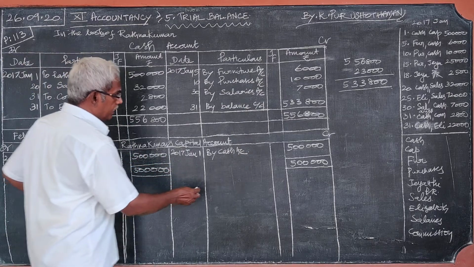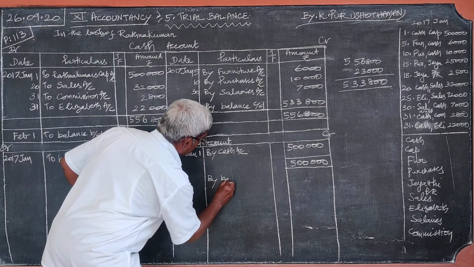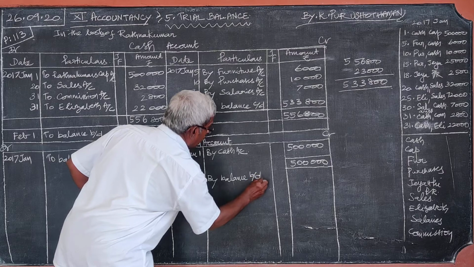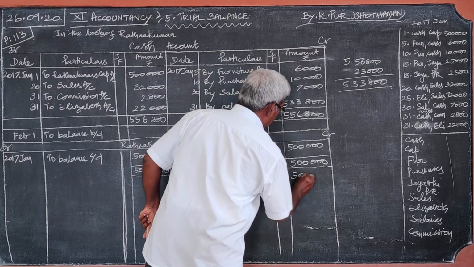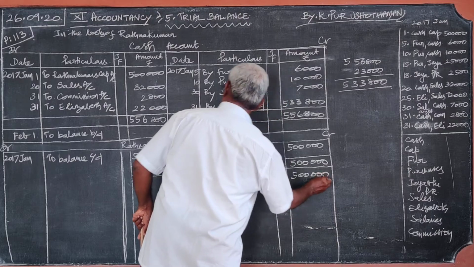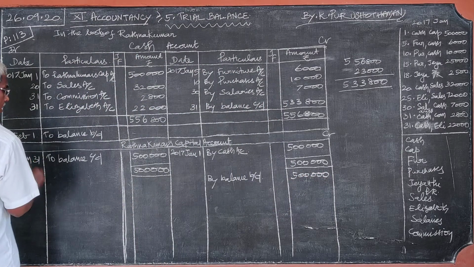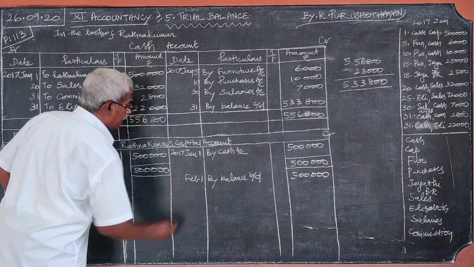On the opposite side, balance brought down, the same carried down amount. For carried down, the last date of the month; for brought down, the next month's first date.